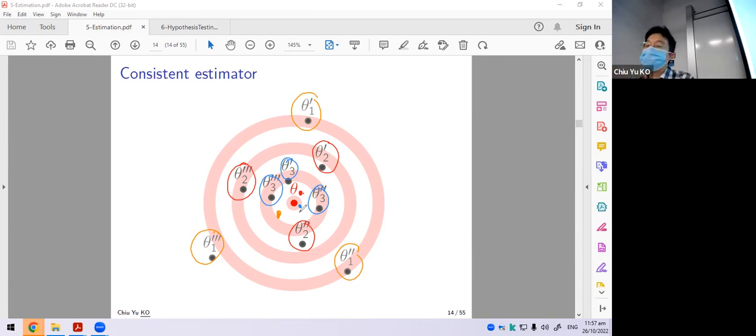And if at the end it becomes the point theta, then it's called consistent, right? So that means that if we are able to have a lot of money, we collect a very big sample, we get what we want, okay? Then it's consistent, okay? And this is very useful or very important as well, right?